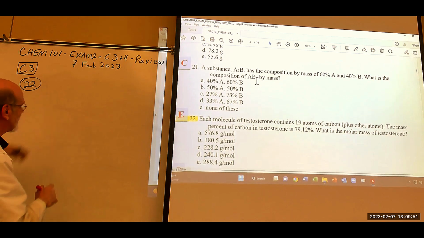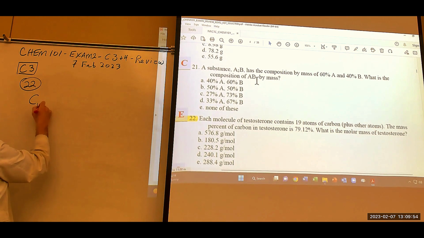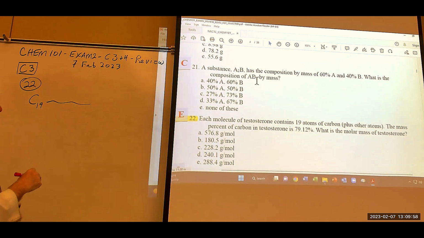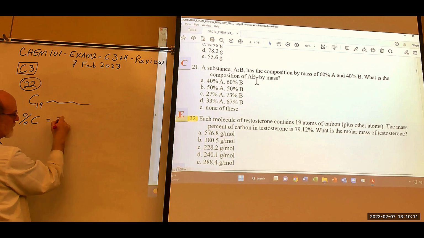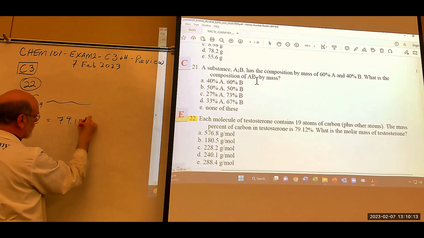So it's got 19 atoms of carbon, 19 plus something else in testosterone. We're not told what the molar mass of testosterone is, but we are told the percentage of carbon. So the percent of carbon in this molecule is 79.12%.